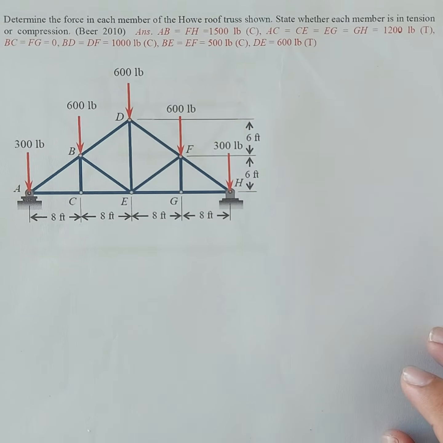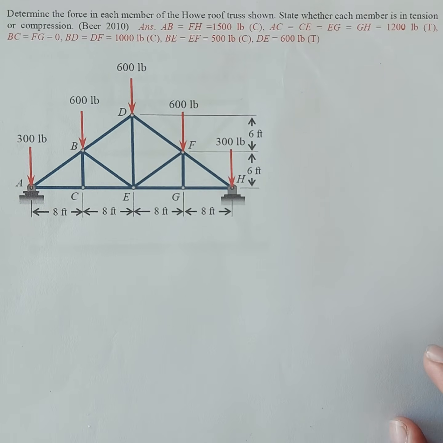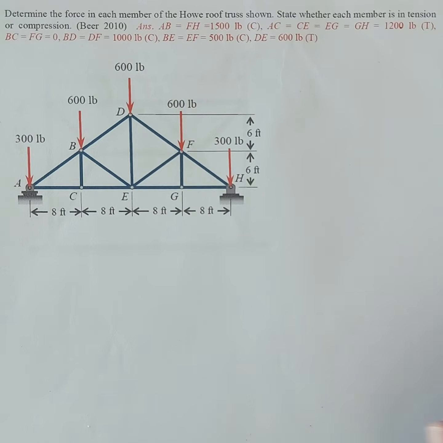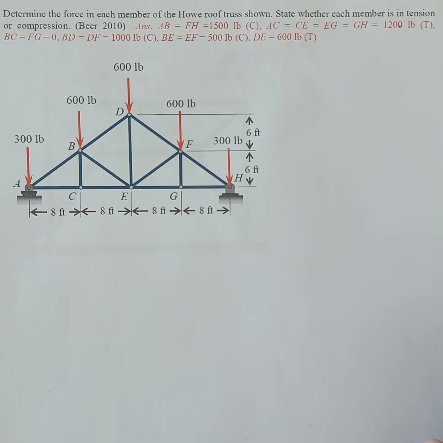So in this case, we really have to solve for the reactions. In the first problem, we could analyze the truss without solving for the reactions, since we had a joint with only two members attached, so we could start with that joint.